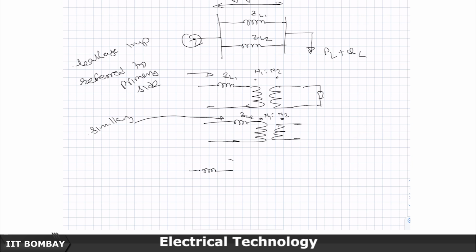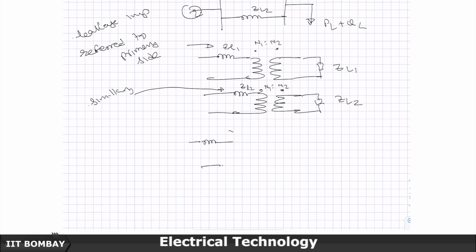So, there is a load which is coming here, and there is a load which is coming here. So, I will use small l1 and small l2 to show leakage, and say the loads are ZL1, ZL2.